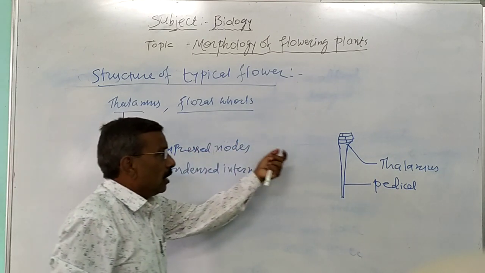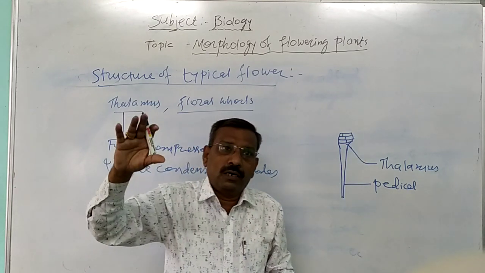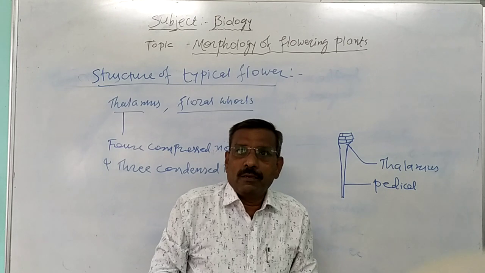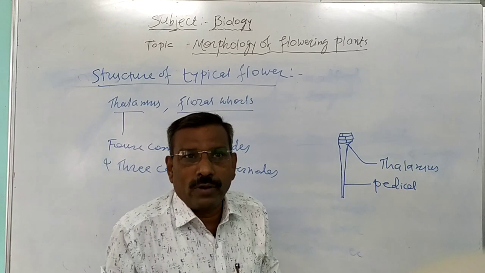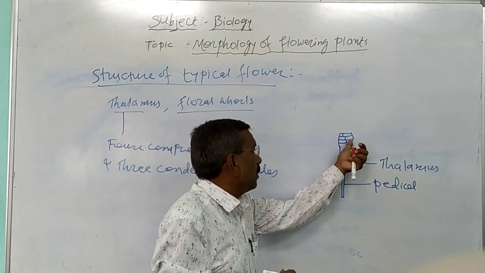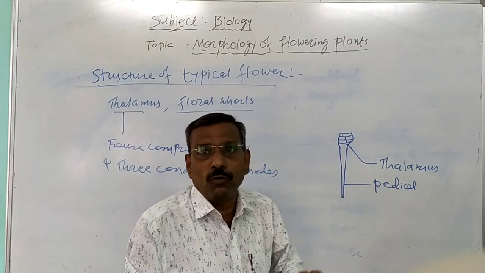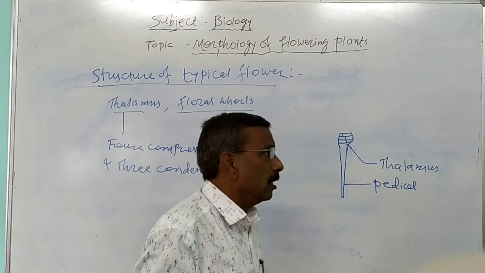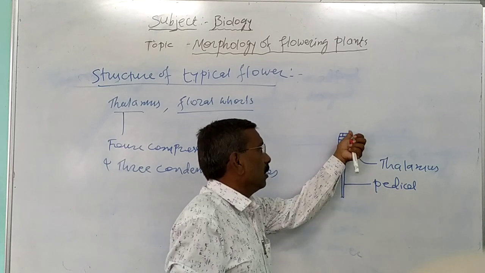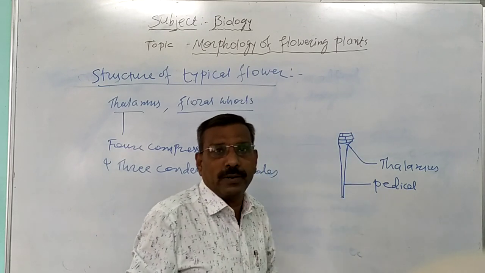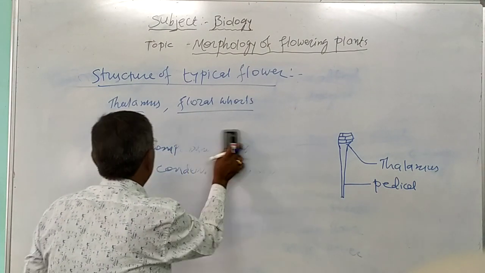But from the nodal region, whorls or circles of modified leafy parts are produced. Those modified leafy circles produced from the nodal region of the thalamus are known as the floral whorls. Separate floral whorls are produced from each node, that is, from each of the 4 nodes. Now we are going to study this under the head of floral whorls.